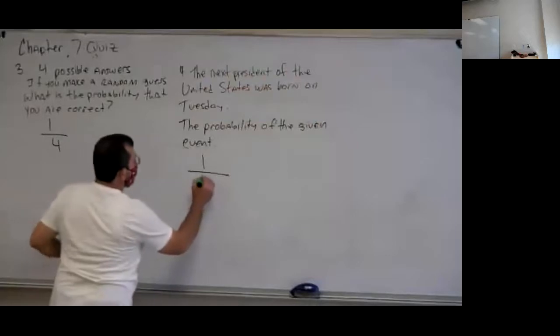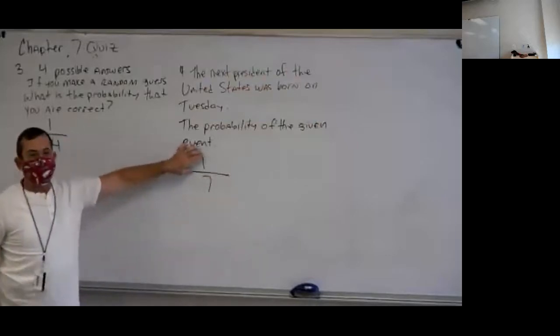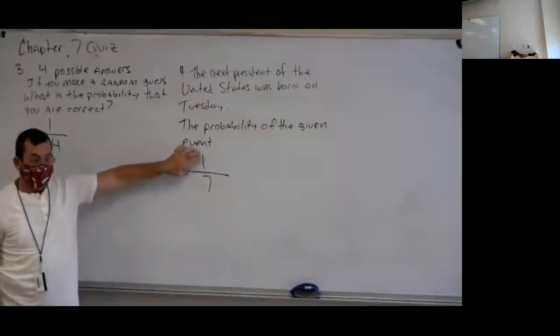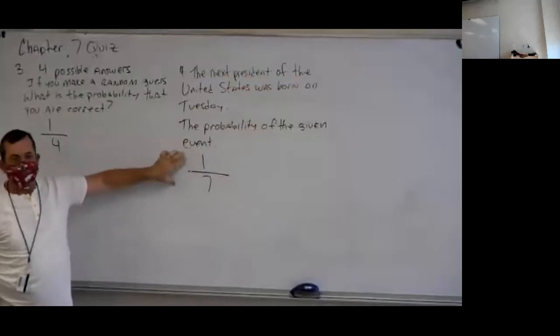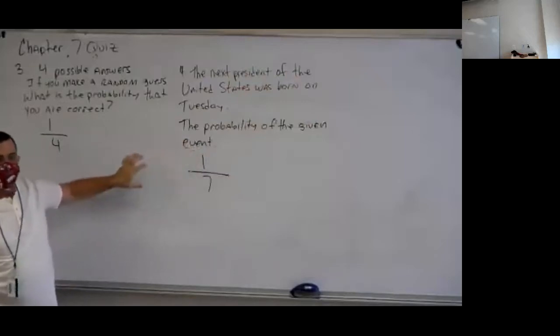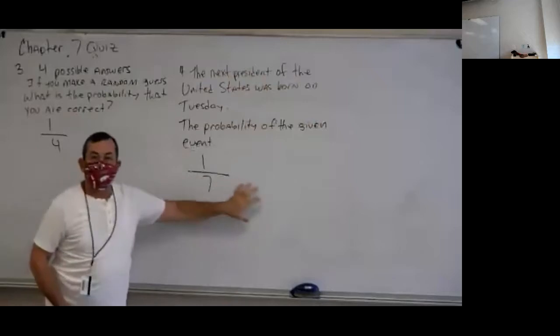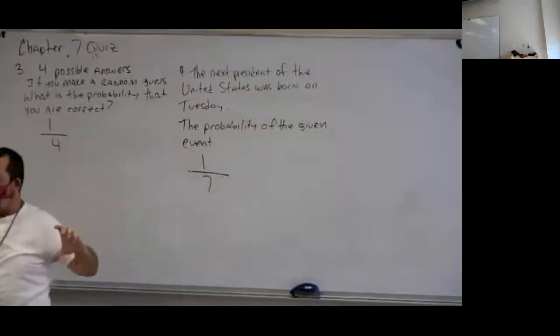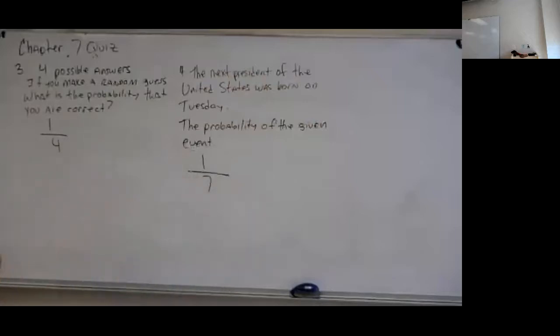So he's got a 1 out of 7 chance of being born on a Tuesday. He's got a 1 out of 7 chance of being born on a Wednesday, Thursday, Friday. So you look at all the days that are total for him to be born on. Now, what if they just said, what's the chances of a president being born on Tuesday or Friday? 2 out of 7, because you got 2 days you're looking at out of the 7 total, okay?